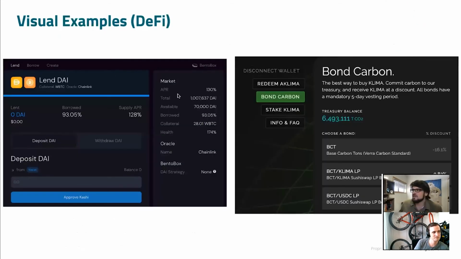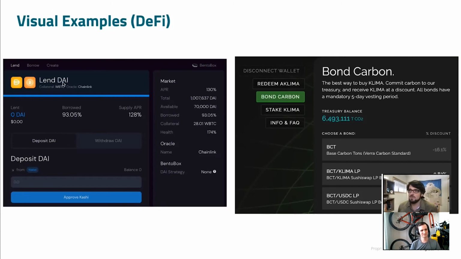So a little bit of some visual examples. This is, again, SushiSwap, a big platform in DeFi right now, and you can do loans. Granted, do your own research on any of this stuff. I'm not saying go make a bunch of loans right now.